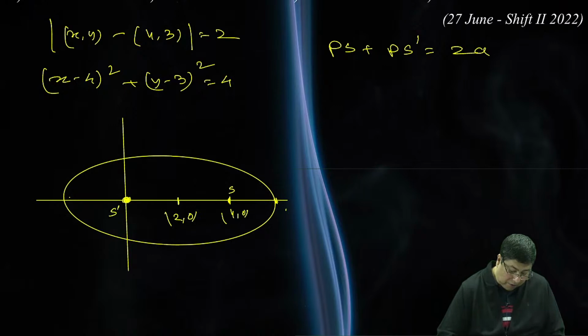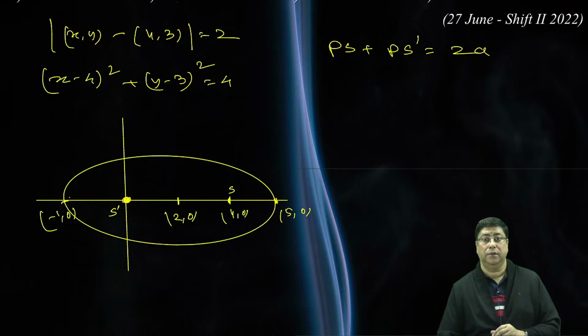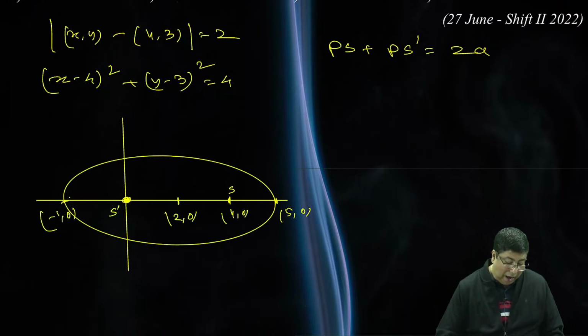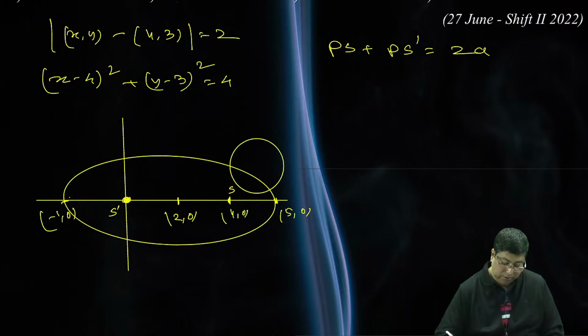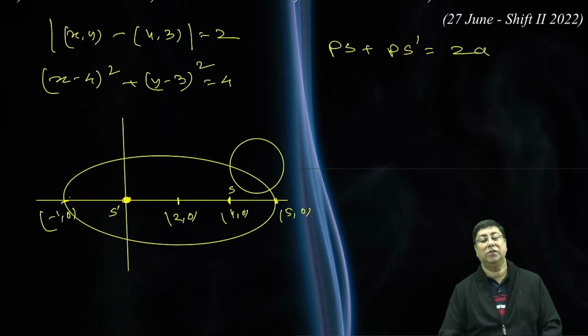So this is 5 0. This is minus 1 0, such that the length of the major axis is 6. And about the circle x minus 4 whole square, y minus 3, the center of the circle is 4 comma 3. Therefore, they will cut at 2 points. By structure we can say.